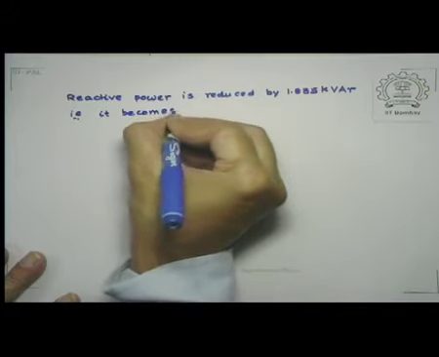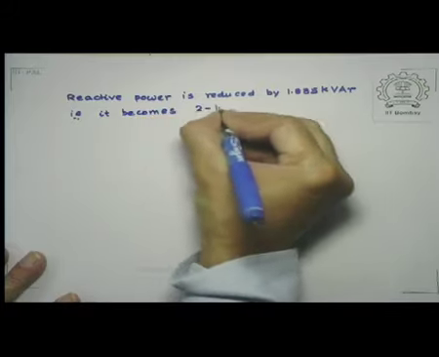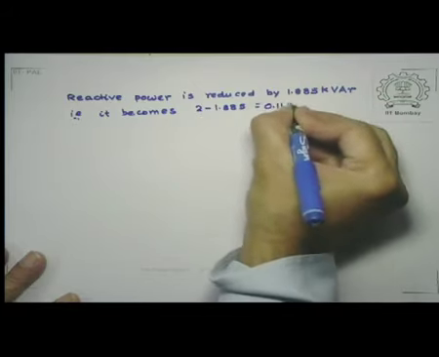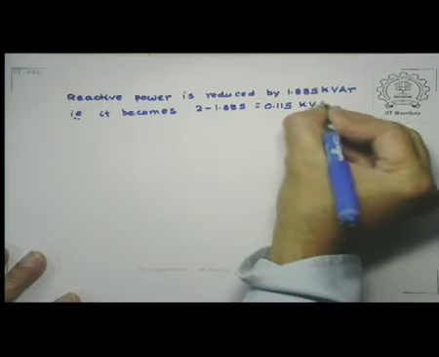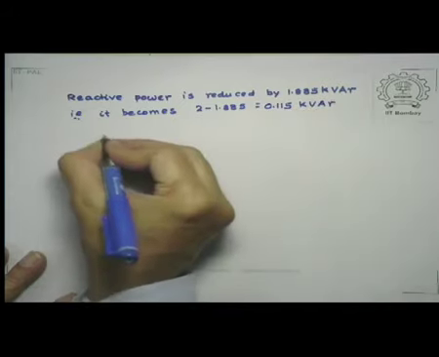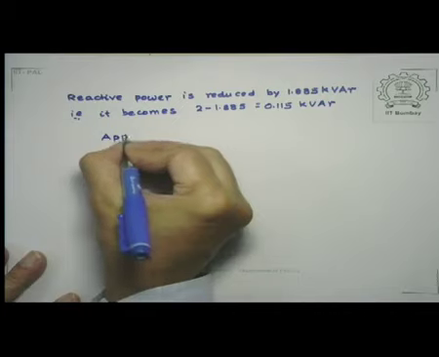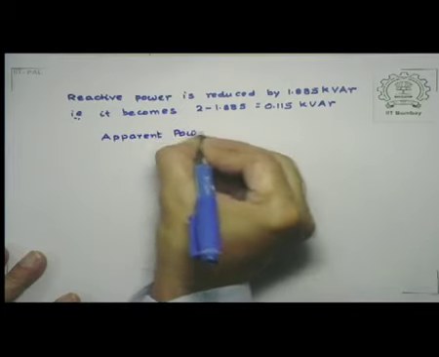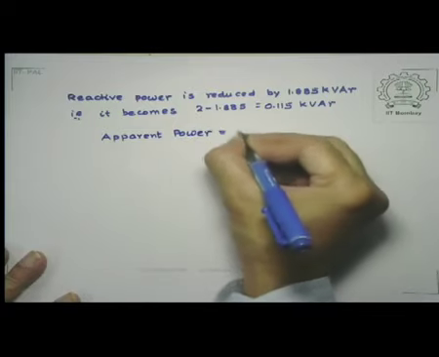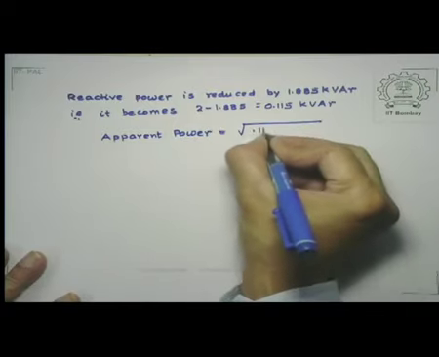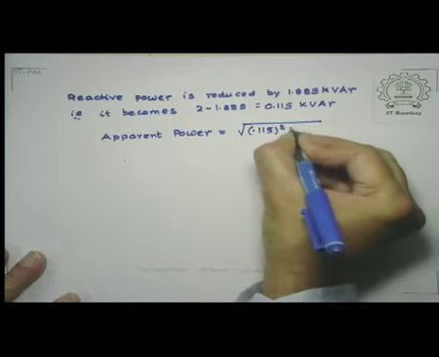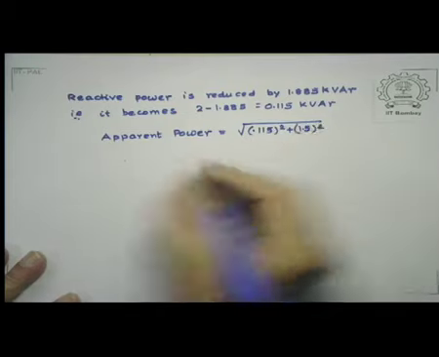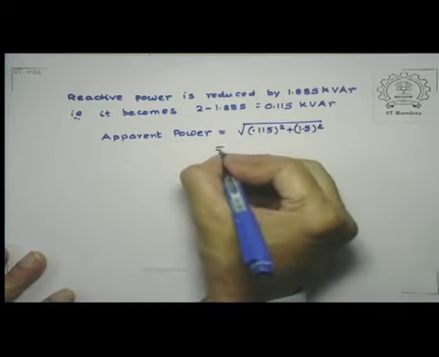2 minus 1.885, that's equal to 0.115 kilovolt ampere reactive, and that will make the apparent power equal to the square root of 0.115 squared plus 1.5 squared, and if you calculate, that works out to 1.5044.